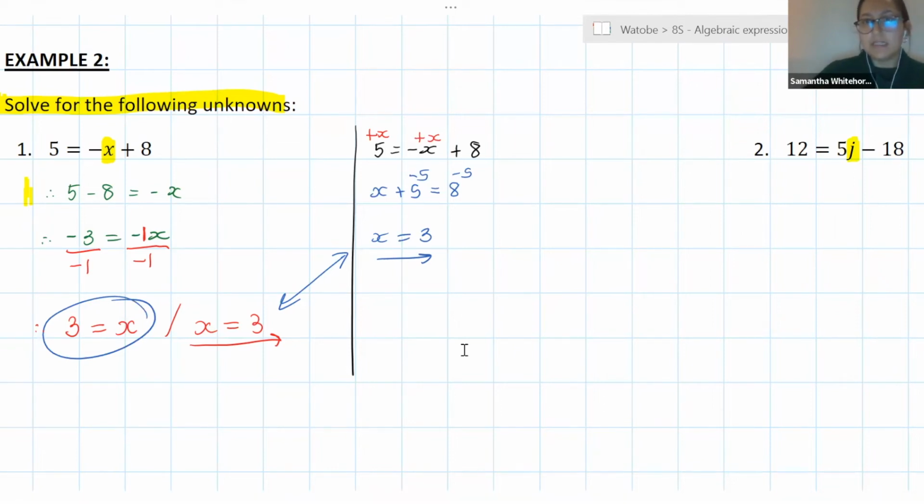Okay. Does anyone want to try, explain, or give me an answer for question 2? You can raise your hand. Because I'm seeing some good answers here.